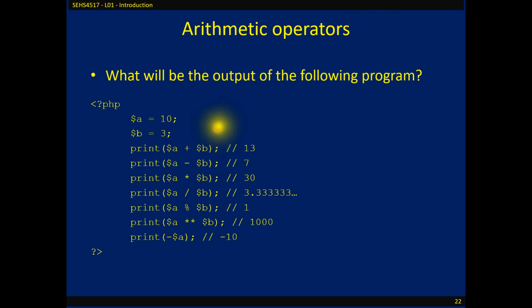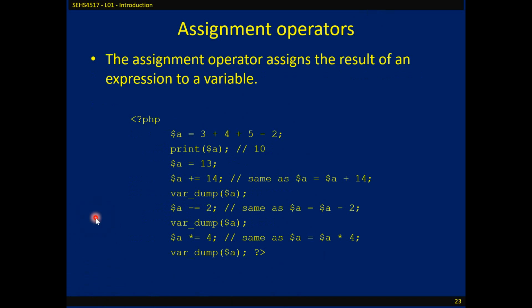And this is an obvious example, and you can read it yourself. In slide 23, it shows the operation of the assignment operators. Again, these assignments are very obvious, and the results are very easy to understand.